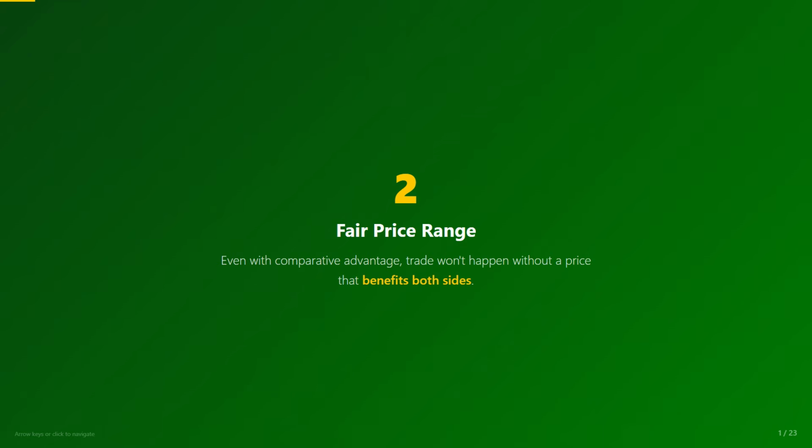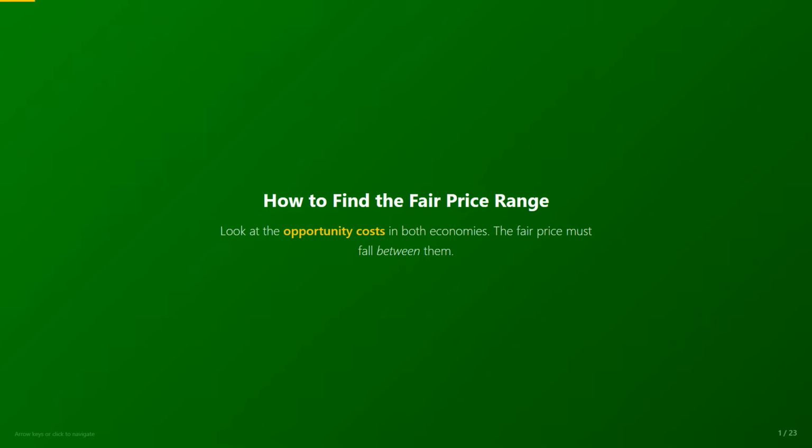In the milk and cheese example, in economy A, 1 ton of milk equals 3 tons of cheese. In economy B, 1 ton of milk equals 1 ton of cheese. So the fair price range for trading milk is 1 ton of milk equals between 1 and 3 tons of cheese. Why exactly this range?